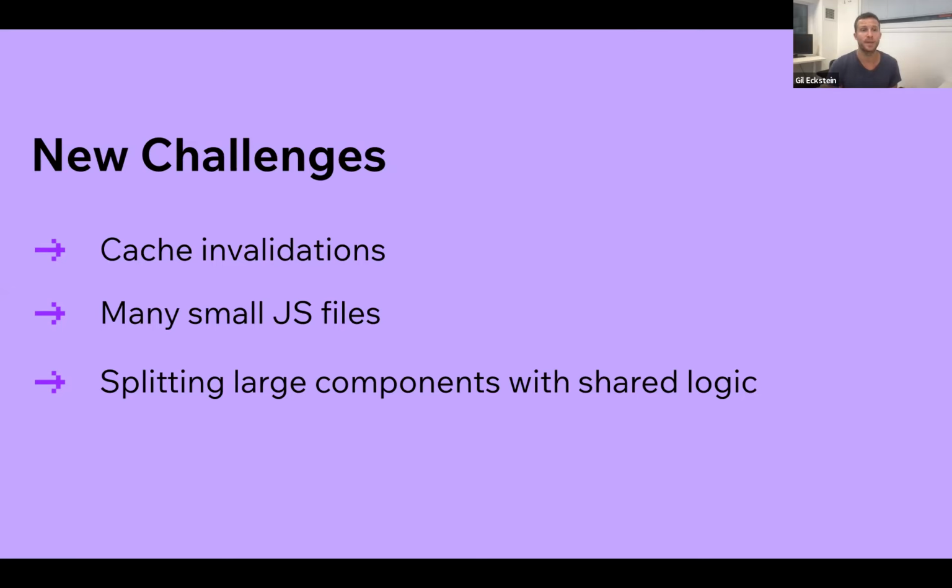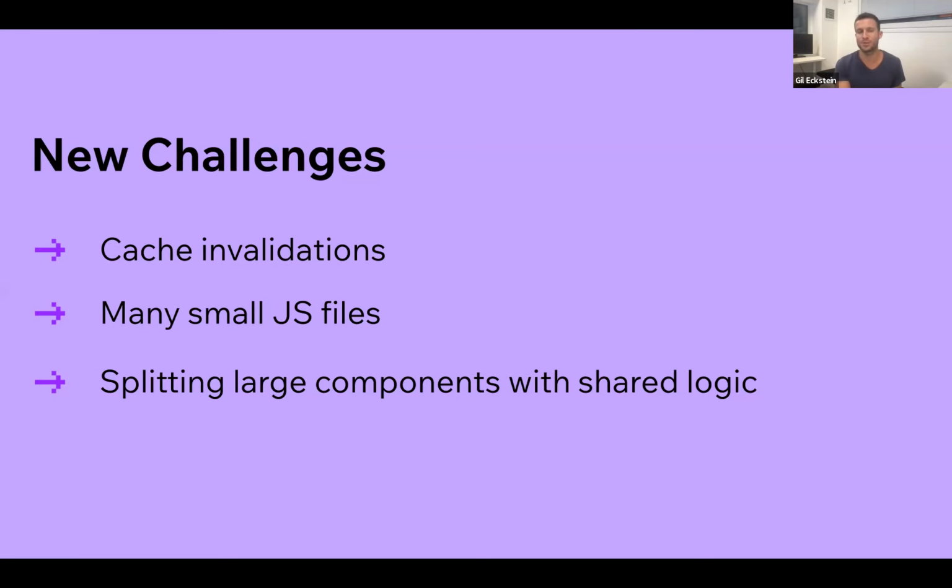This is very important. Another challenge that we faced when we moved to the new architecture is that now, since we split our code into small feature-specific components, like I talked to you about in the beginning, we have many small files. So imagine a big site with a lot of components. If in the beginning, let's say, we had a file with a lot of buttons, which makes sense, before we had one button component, now we have many small feature-specific button components.